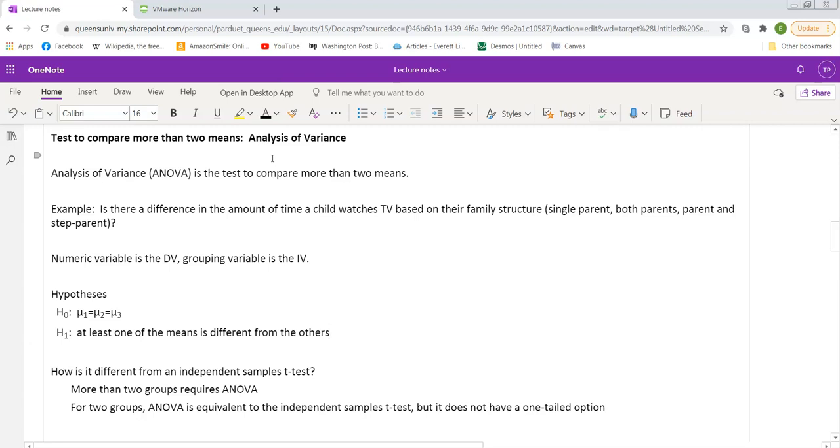However, the independent samples t-test is better for that scenario because the ANOVA does not have the ability to do one-tailed, whereas the independent samples t-test does. So I put here test to compare more than two means. Technically, ANOVA will compare two or more means, but we usually don't use ANOVA to compare exactly two means. That's usually the independent samples t-test.